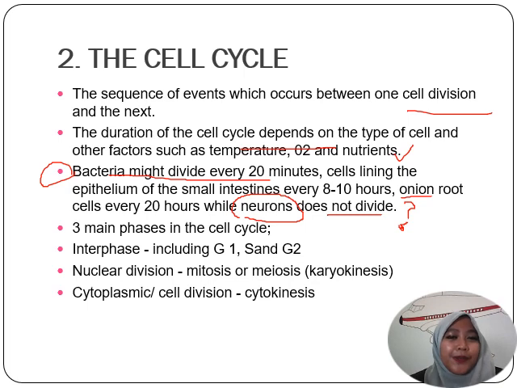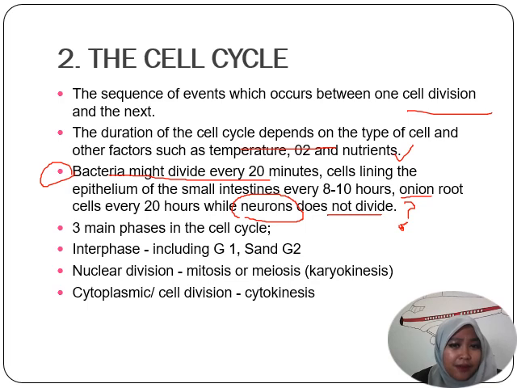Alright, so the cell cycle depends on the location of the cell and the task or job of the cell itself, so these might affect the rate of the cell cycle. I'll give you one example. Epithelium in the small intestine divides every 8 to 10 hours, but epithelium in our skin, for example in our cheek cell or our hand, divides every 4 weeks or approximately 28 days.